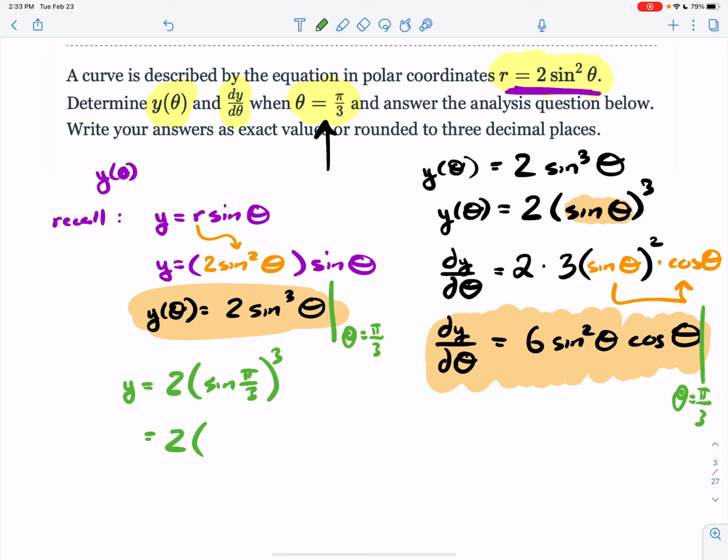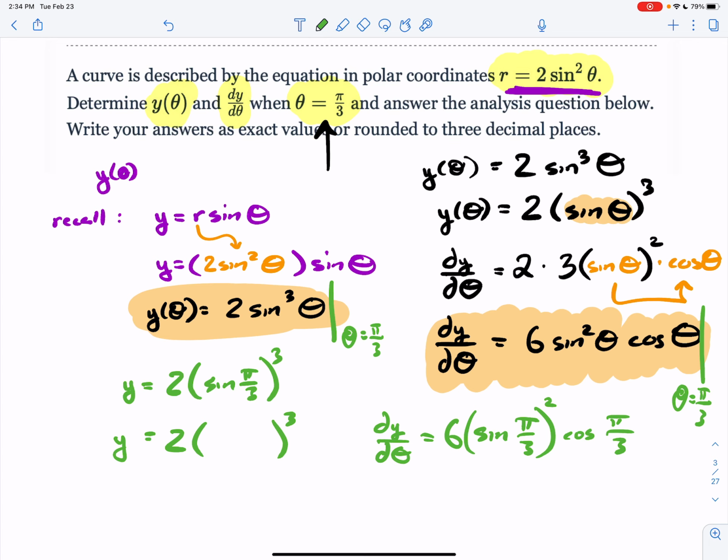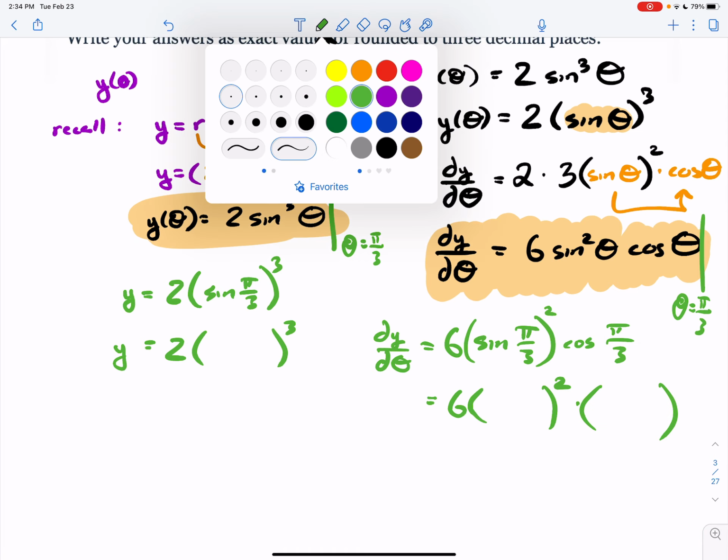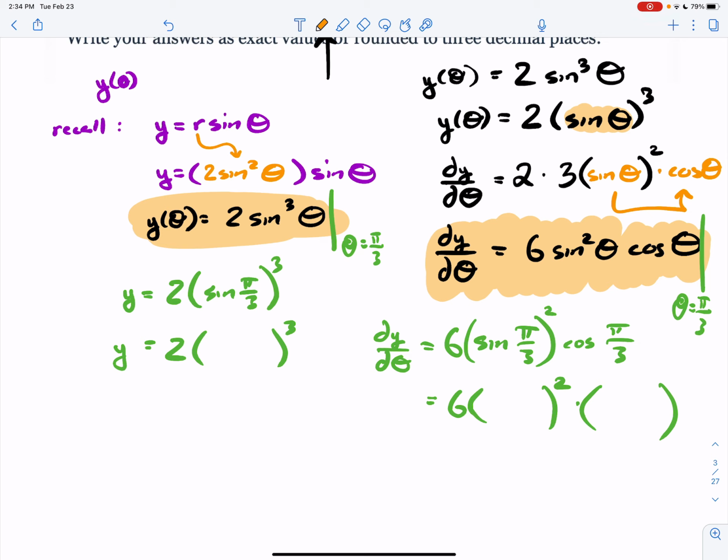That comes out to something. I'll come back to that. dy d theta will come out to 6 sine of pi over 3 squared times the cosine of pi over 3. Okay? Now, this is going to be 6 times something else. Okay, so you should know that the sine of pi over 3 is rad 3 over 2. Okay?